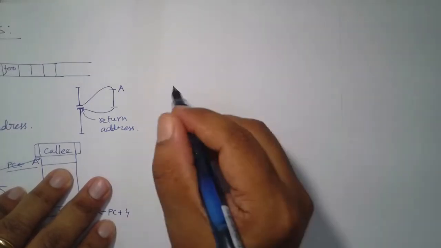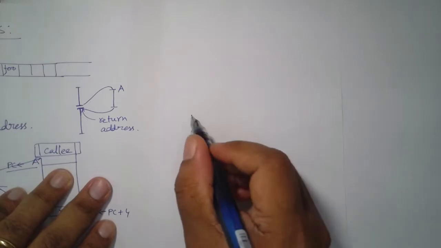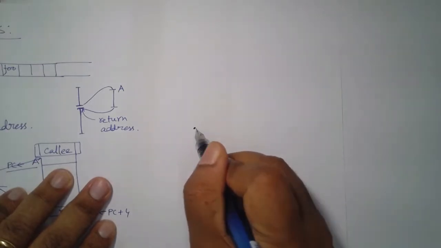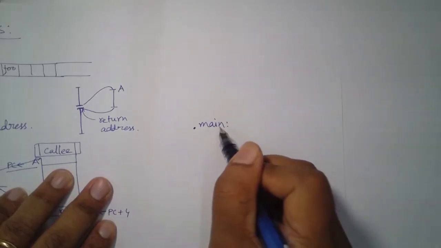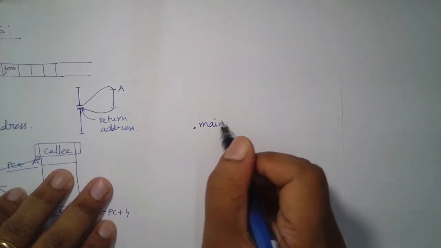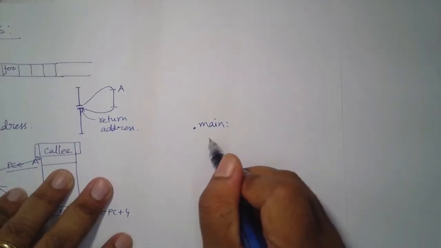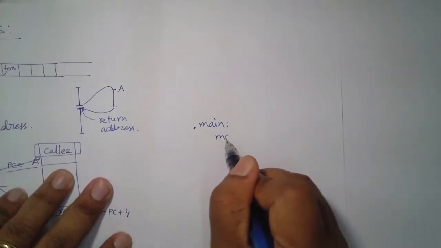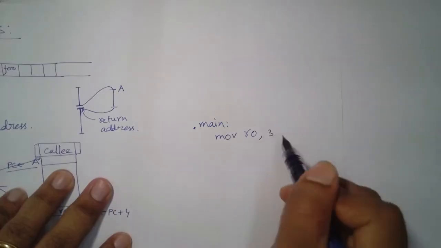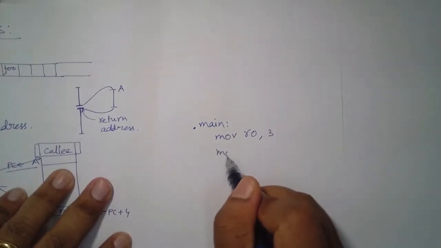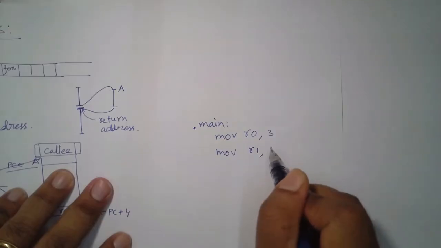So let us say I have a code and the main, just like in C we have a main function. So let us say we define a main function here. In the main function we do things like, let us say, move R0 with the value 3, move R1 with the value 5.